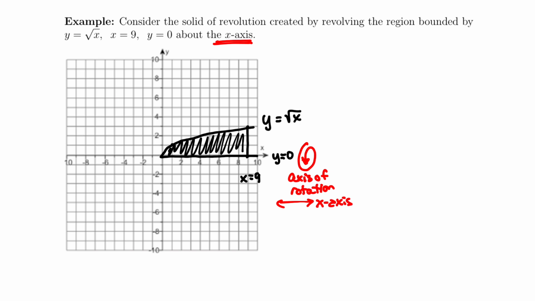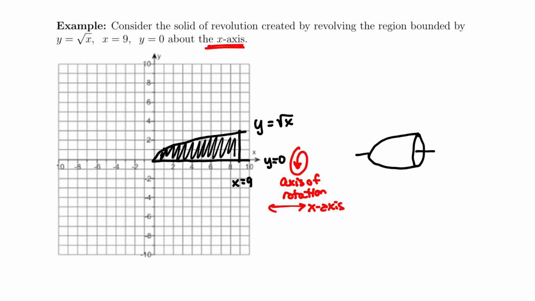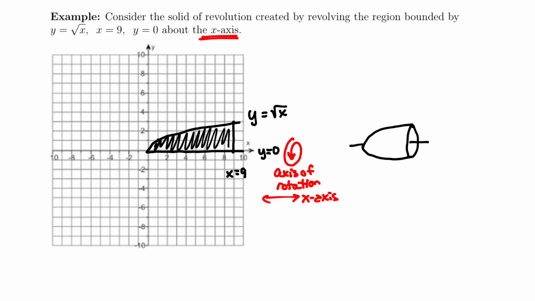When I revolve that around, I get this shape that looks like this. I have this kind of bullet shape, bowl shape, bottom of an acorn, however you can picture it. What I'm doing when I get the volume is I cut. We will cut perpendicular to the axis of rotation, which in our case means cutting perpendicular to the x-axis, and when we make that cut, we pull off a disc.